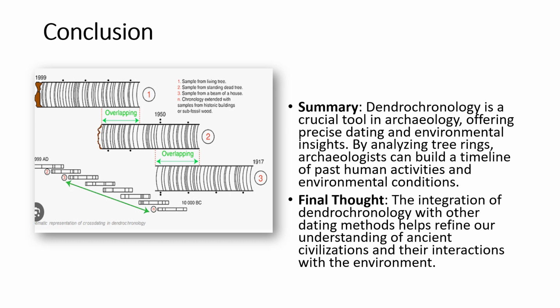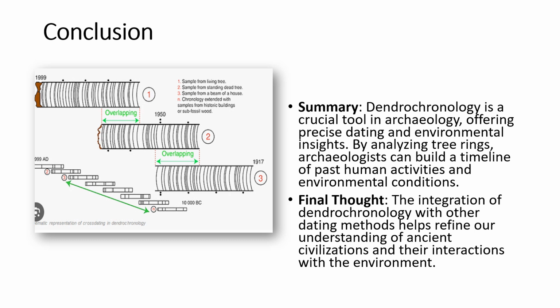In conclusion, dendrochronology is obviously a vital tool in archaeological research. It allows us to date wooden artifacts and structures with precision, giving us exact years for events in history. Moreover, it provides valuable information about past environmental conditions, which helps us understand how ancient societies interacted with their environment.